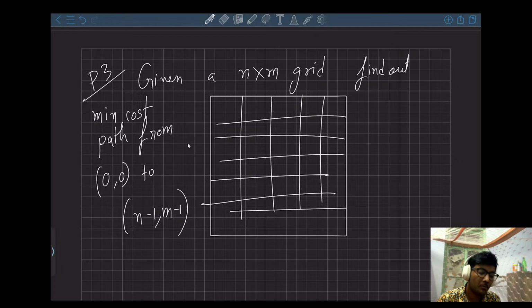Of course, this is in zero-based indexing. In one-based indexing, it will be from 1, 1 to n.